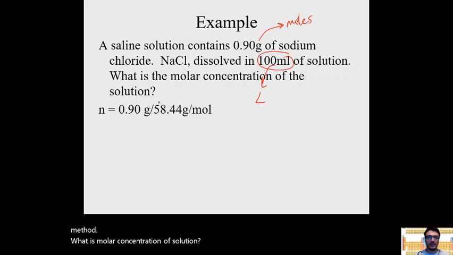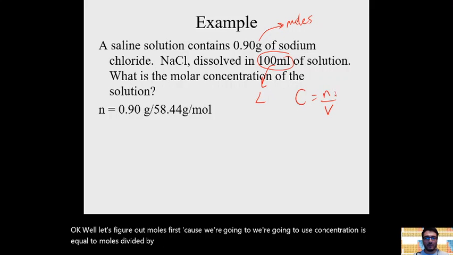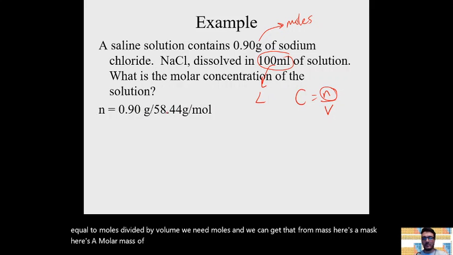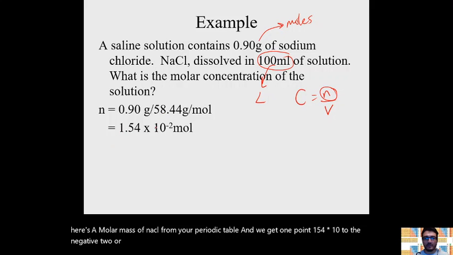Okay, well, let's figure out moles first because we're going to use concentration is equal to moles divided by volume. We need moles, and we can get that from mass. Here's the mass, here's the molar mass of NaCl from your periodic table, and we get 1.54 times 10 to the negative 2, or 0.0154.